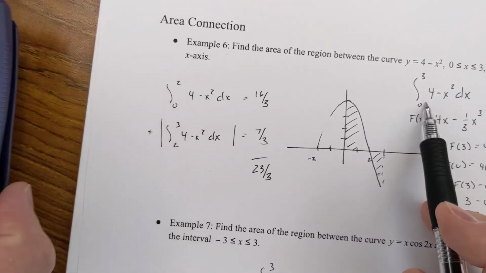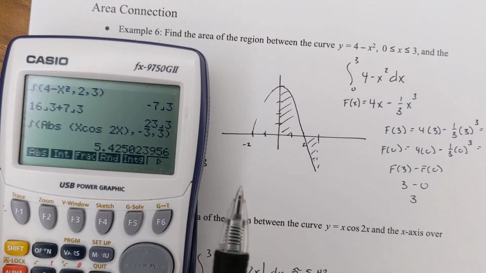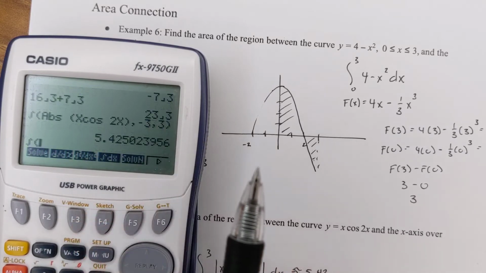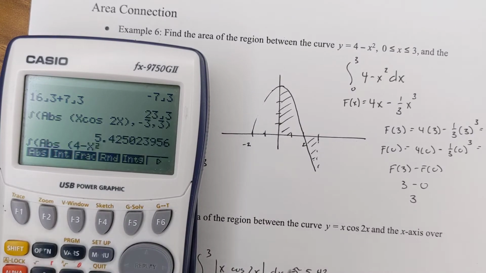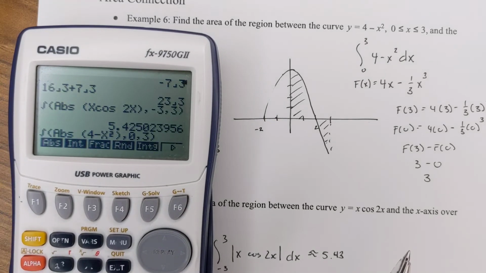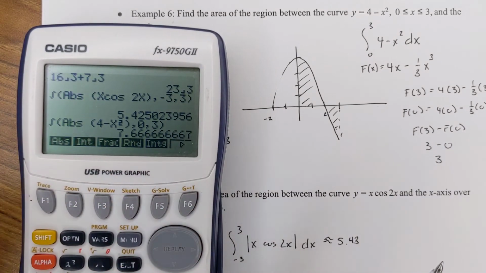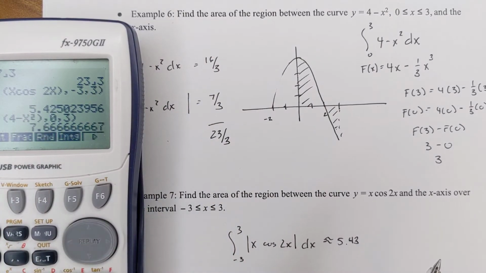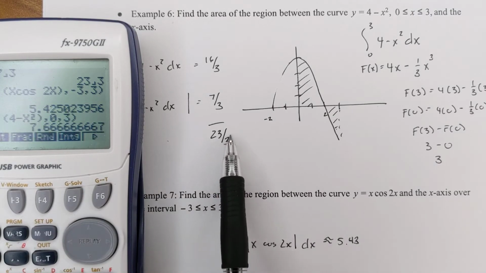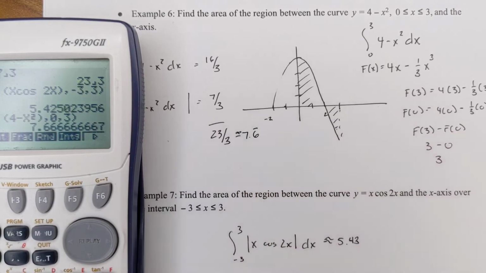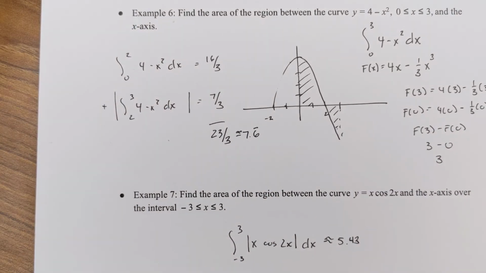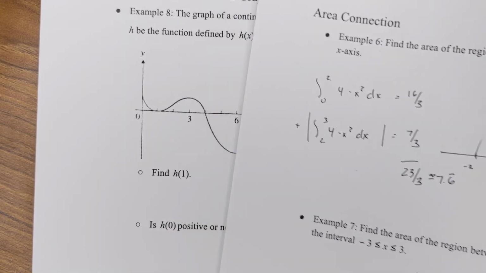So up here, if I look at this one again, if I do the integral of the absolute value of 4 minus x squared from 0 to 3, I get 7.6 repeating, which is 7 2/3, which won't let me do it, but it is actually 23/3. If you turn this guy into a decimal, it's 7.6 repeating. So you get the same thing. So total area, just drop absolute value bars around your function.